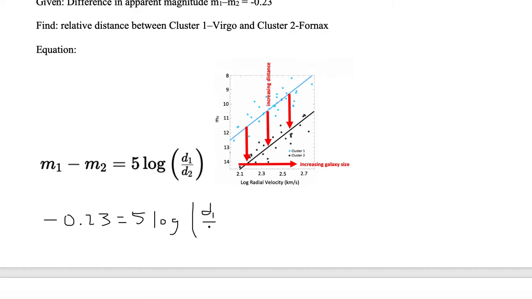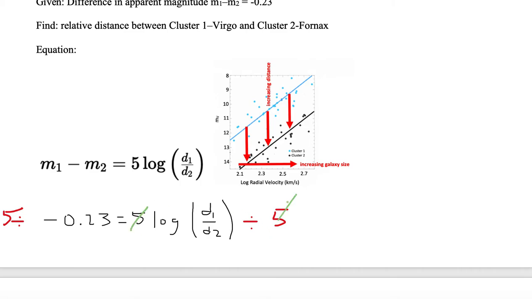Now the first thing we need to do in this equation is divide both sides by 5. So I'll change my color here. So we're going to divide by 5 on both sides. And this will get rid of the 5 on the right-hand side of the equation.